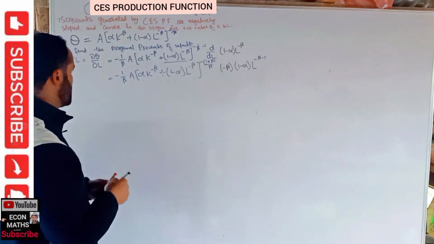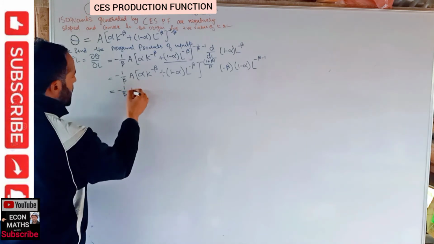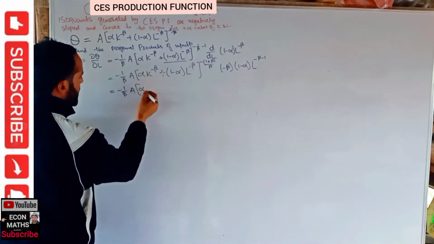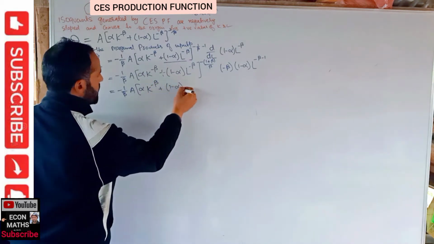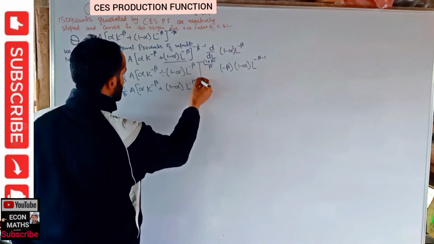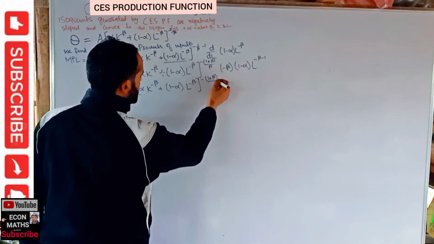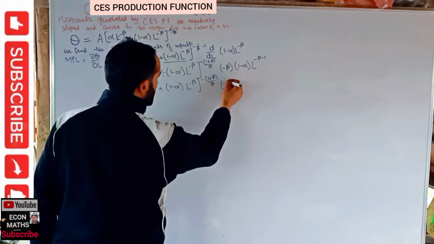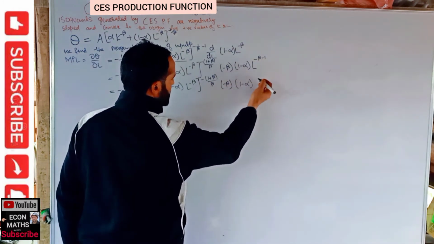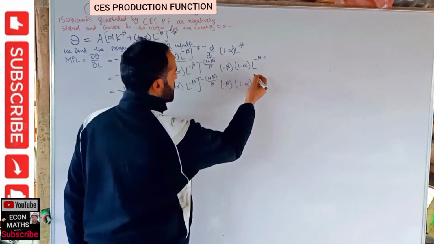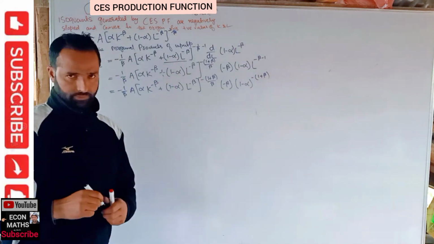Now I will write this out: 1 divided by beta, A alpha K to the power minus beta plus 1 minus alpha L to the power minus beta, to the power minus 1 plus beta divided by beta, and this is minus beta, and it is 1 minus alpha. Here we take the minus 1 common, so this will become minus 1 plus beta. This is the exponent.